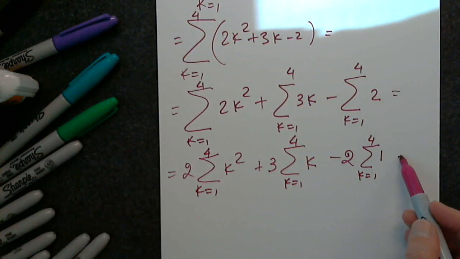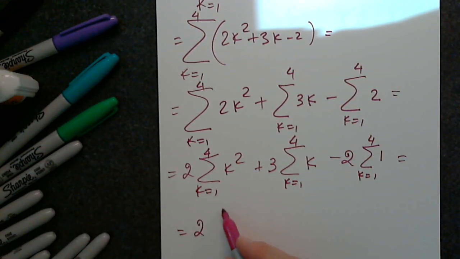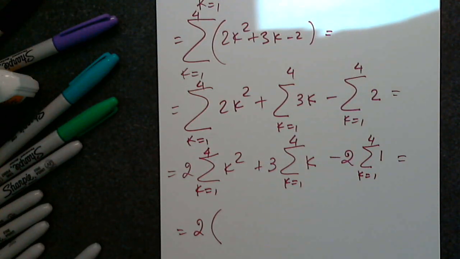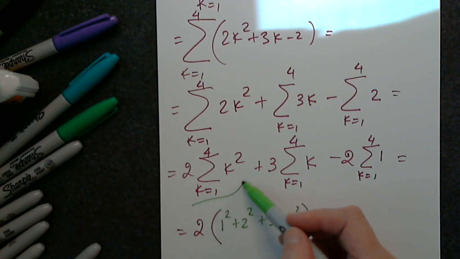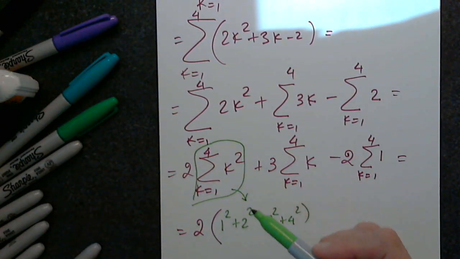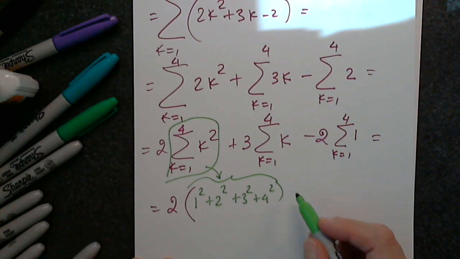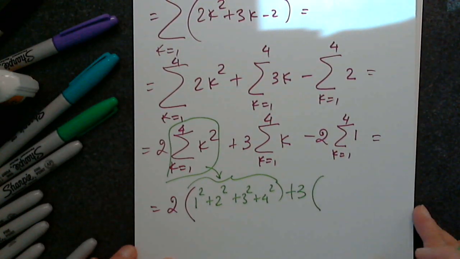Exactly. Okay, now 2 and in parentheses, what will you give me? And how many terms again? You will give 1 squared plus 2 squared plus 3 squared plus 4 squared. Then you will say plus 3, and in parentheses, what will you write?